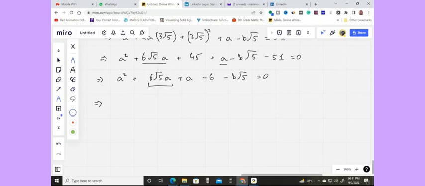Now this is the term involving root 5. This is another term involving root 5. And I'm just shifting this minus b root 5 over here. It looks something like this.